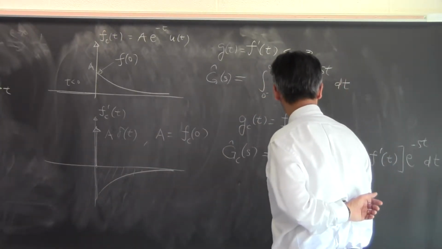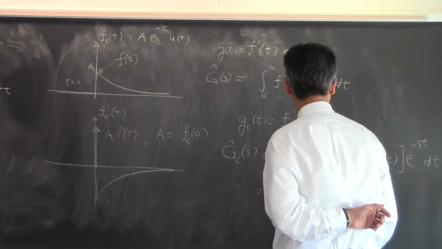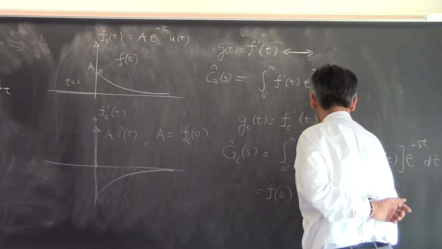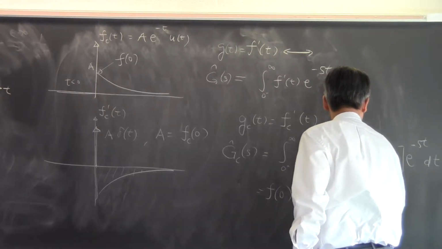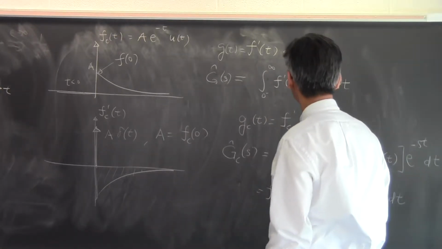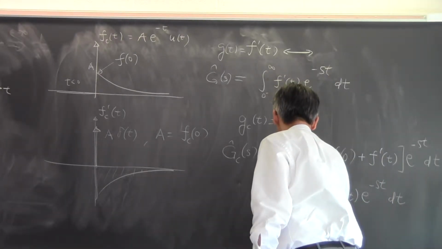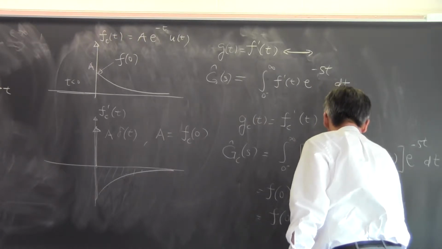So if you work this out now, it's f of 0 plus the integral from 0 minus to infinity of f prime of t e to the minus st dt. Then you find that this is equal to f of 0 plus g hat of s.